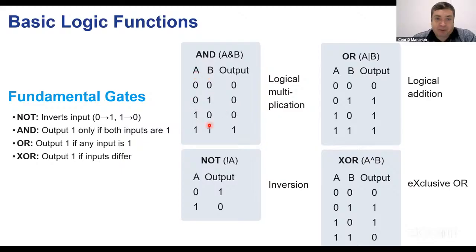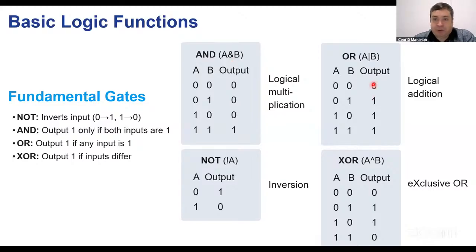And this is, as you know, a so-called truth table. 0 logically multiplied by 0 gives 0. 0 multiplied by 1, of course, is 0, and here also. And only 1 multiplied by 1 gives 1 in result. So this is why AND has the meaning of logical multiplication. And it has such a sign, an ampersand.